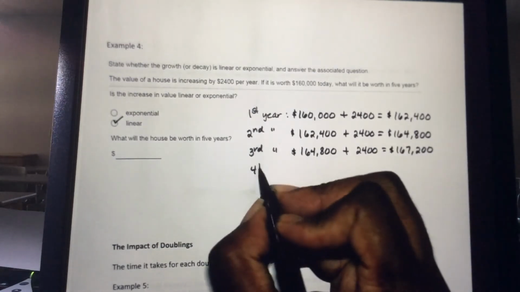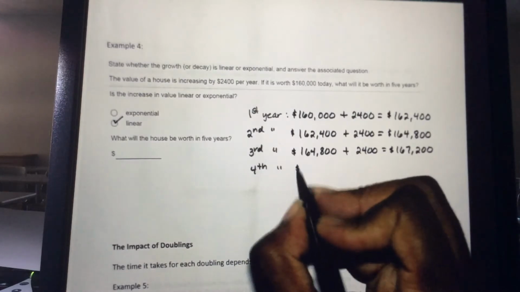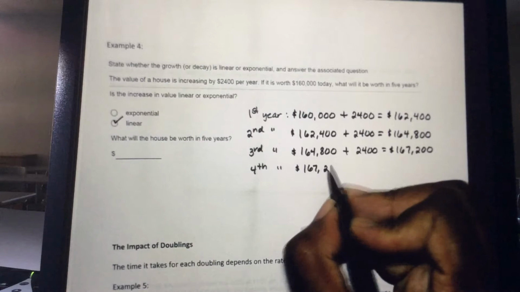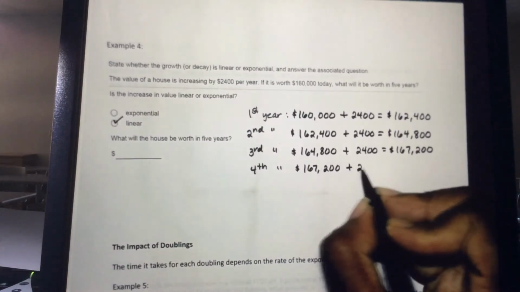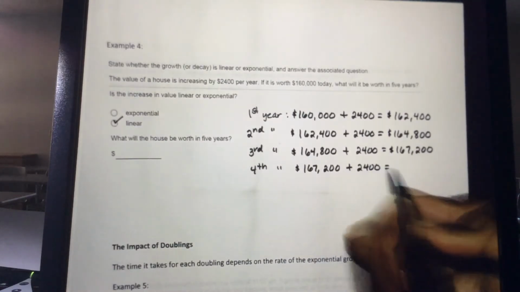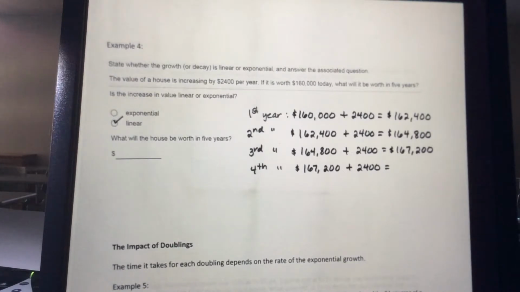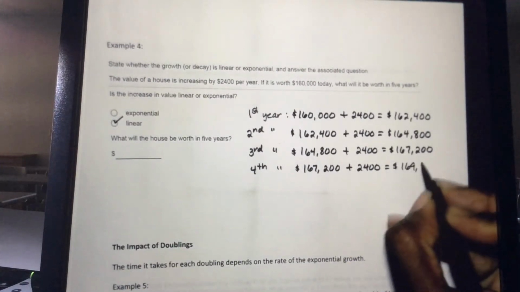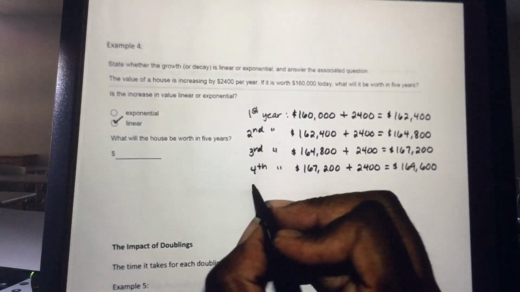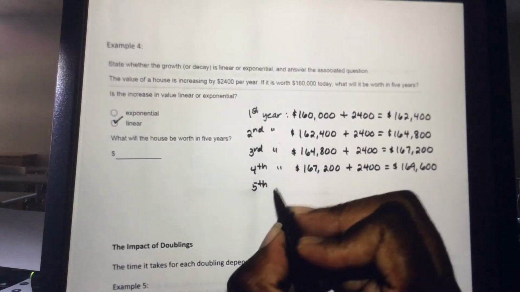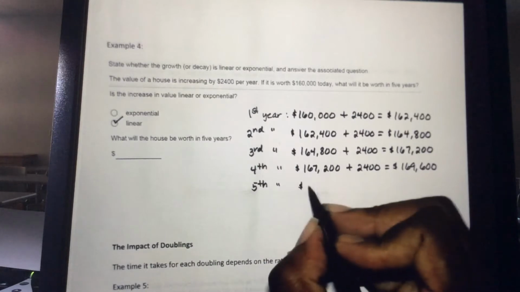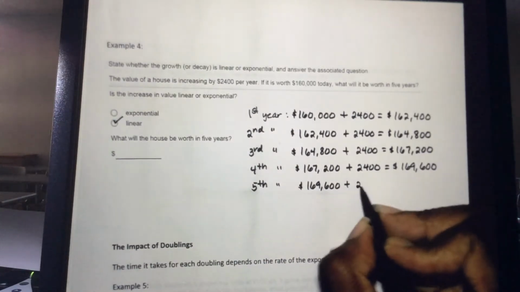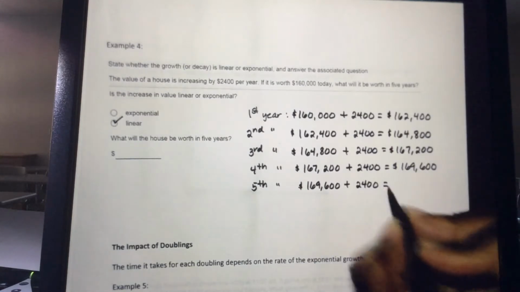And then the fourth year, here we add 2,400 to 167,200. That would be $169,600. And then finally, after the fifth year, we add another 2,400 to that 169,600.